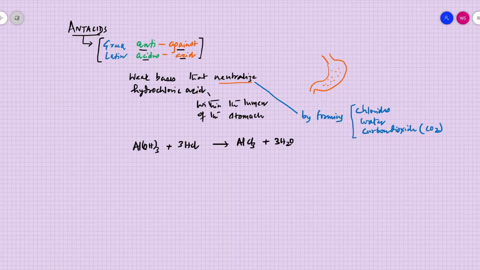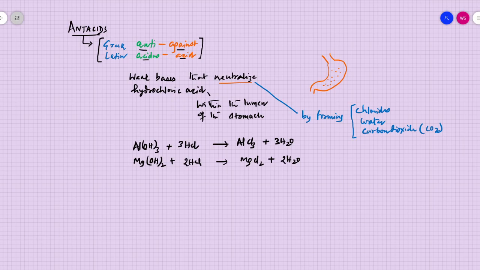Let's take another example. Magnesium hydroxide with HCl again forms magnesium chloride plus water. Let's balance this again.